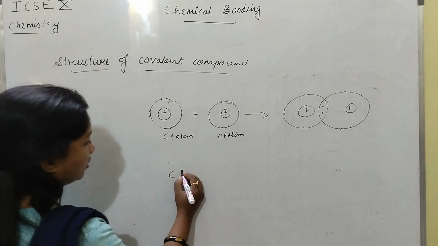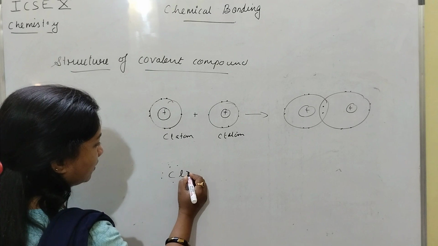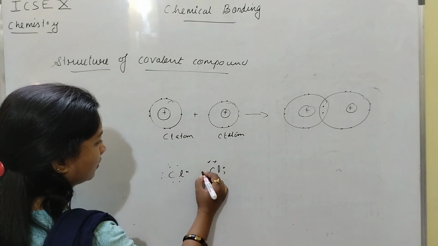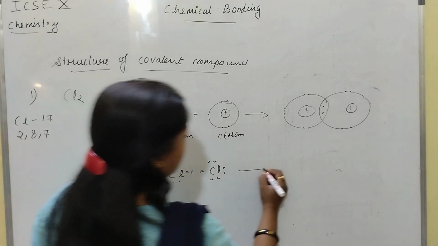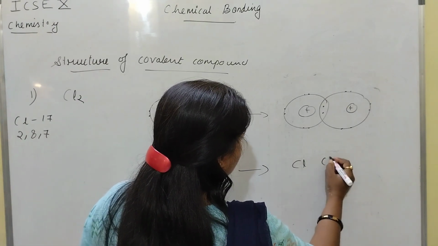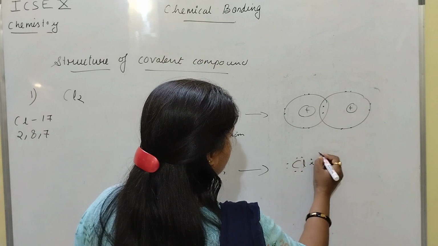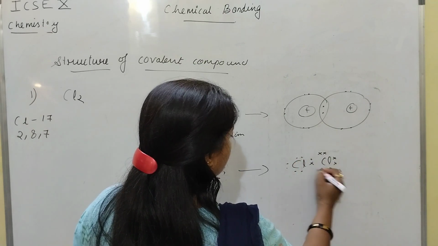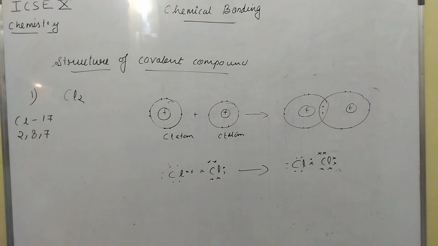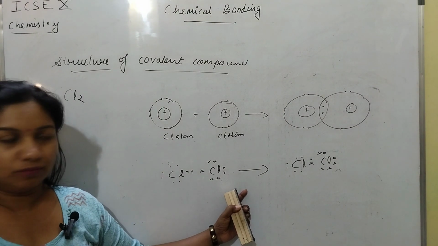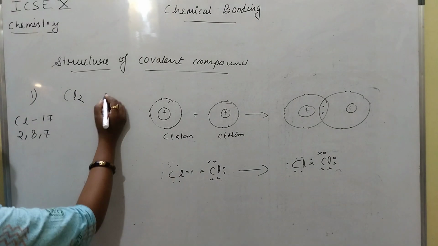And the Lewis dot structure is this. It is also an example of a single covalent bond molecule and it is also non-polar.